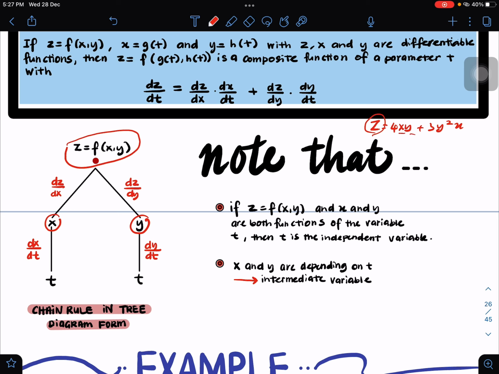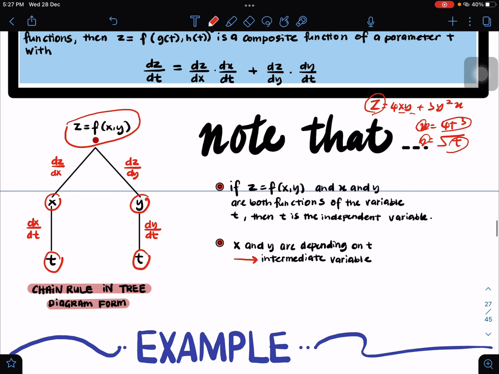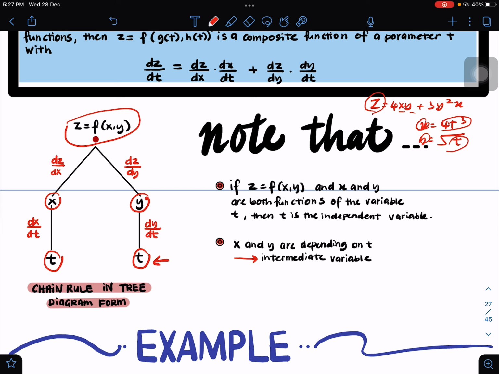But our x and y are actually other functions in terms of t. Given, for example, x is equal to 4t cubed and y is equal to t. So your x and y now are not just single variables, but functions of t.